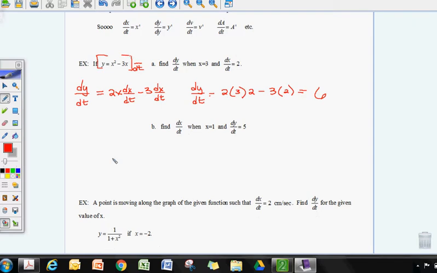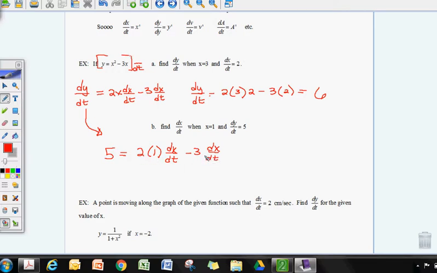This time they want us to find dx/dt when x is 1 and y is 5. So still using that same equation that we just did, I'm going to plug in 5 would equal 2 times 1. Oops, there's my dx/dt. And it's going to subtract 3, and there's another dx/dt. And now I got to get dx/dt by itself.